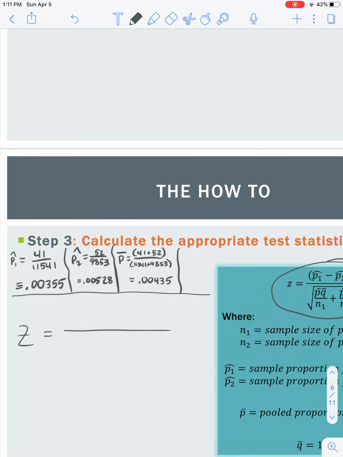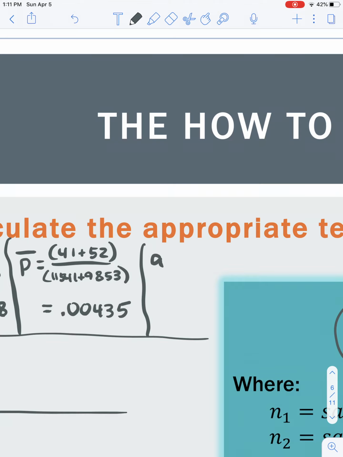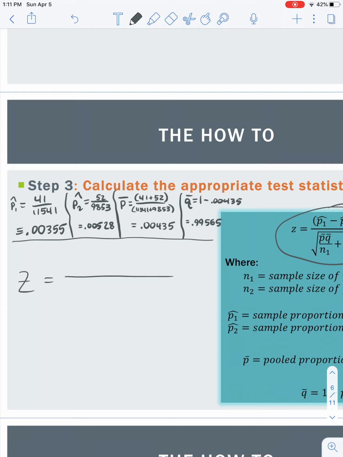And then while I'm at it, now that I have p bar, I can get q bar, which would be 1 minus 0.00435. Which is 0.99565. So you notice there's a little bit more legwork to get going on this formula than we had last unit. That's probably the hardest part of these problems, is there's a little bit more effort up front.